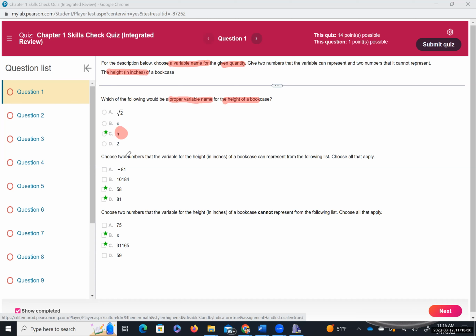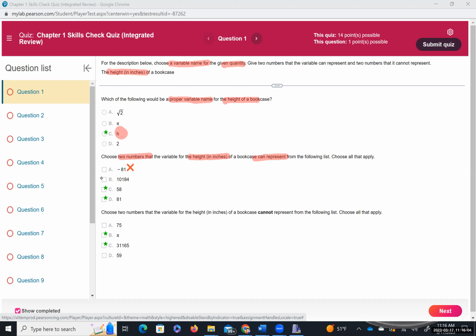Next, I'm saying choose two numbers that the variable of the height in inches can be represented by. So we are looking for a number now, numerical data, but it should be a good value. Think about the first case that I have, -81. There's no way we're going to choose this one, because a negative number makes no sense.